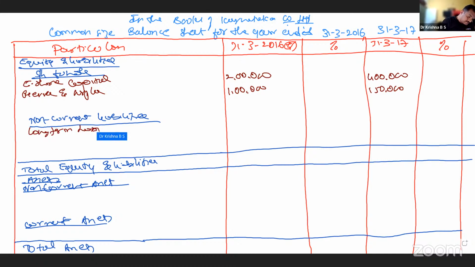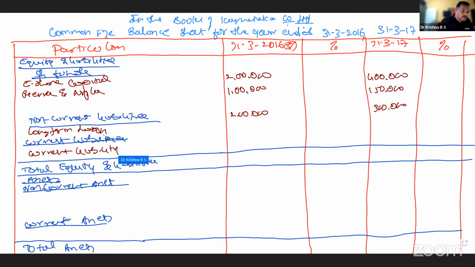Then long-term loans comes under the long-term liabilities. Long-term loan is 2 lakhs, 3 lakhs. Then current liabilities, under that you have current liability actually. Liability is how much? 1 lakh 20, 1 lakh 70. And the total is 6 lakhs 20,000, 10 lakhs 20,000.